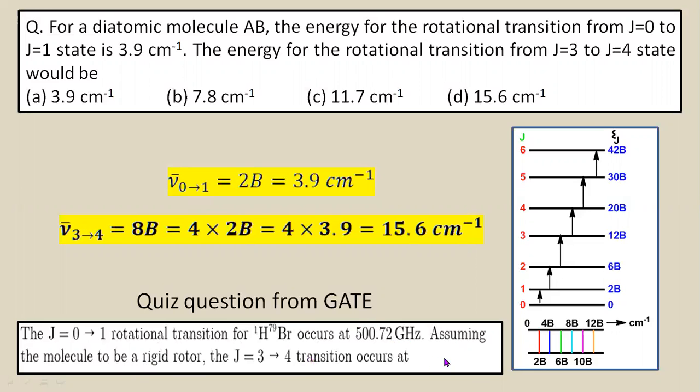The important thing I will suggest is to convert this gigahertz to centimeter inverse. That is also a good exercise. Use the same formula, E equal to h nu. From there you can easily convert it. Once you get it in centimeter inverse, you can follow the same way to solve it. Exactly similar question, just the energy value is given in a different unit.